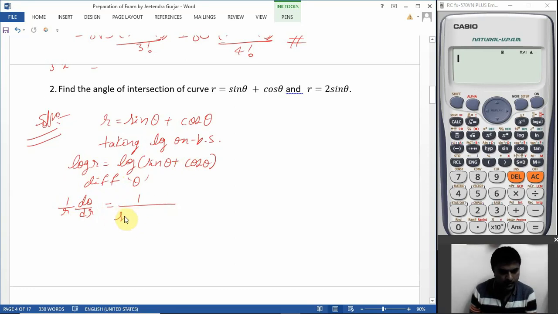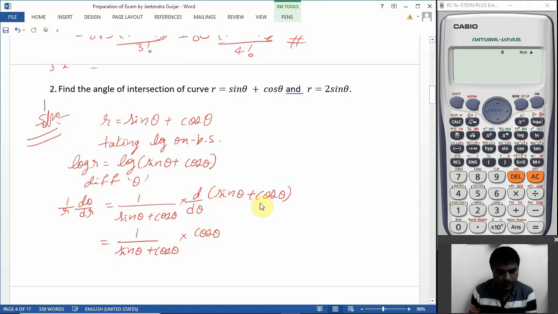So 1 divided by sin theta plus cos theta. Whenever you are going to use chain rule, see that the inner value is again differentiated once again. So 1 divided by sin theta plus cos theta, no change, into, sin theta differentiation is cos theta, cos theta differentiation is minus sin theta.